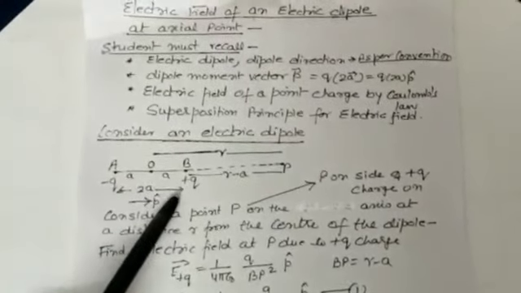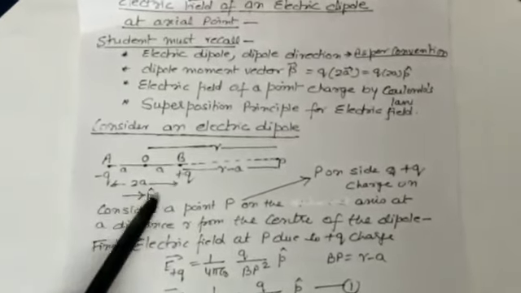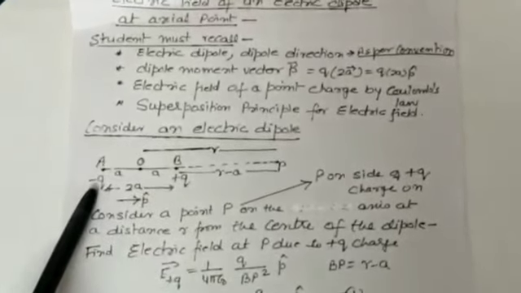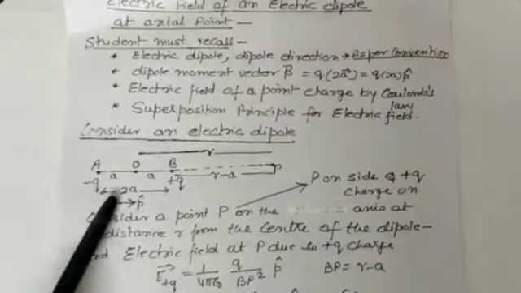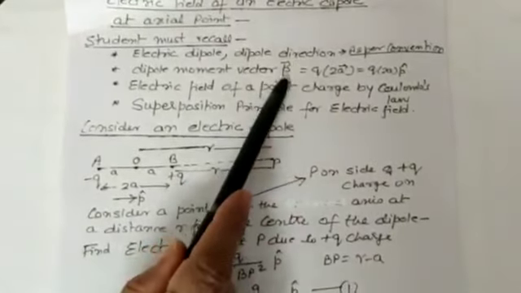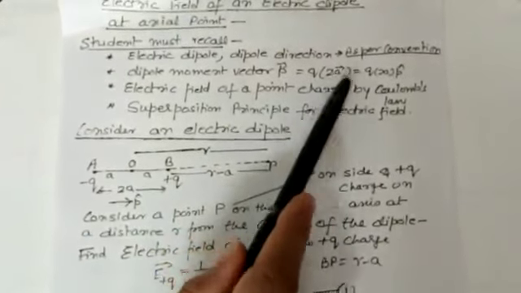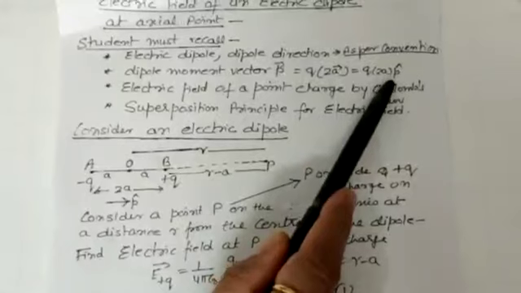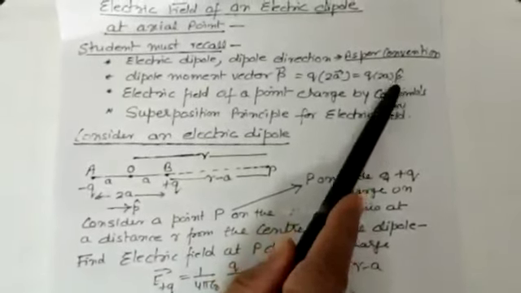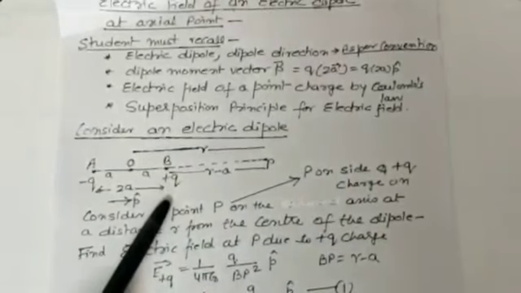As per convention, the direction of the dipole moment vector is taken from minus q to plus q charge. The vector p, the dipole moment vector, is given by q into 2a vector, or q into 2a into p unit vector. Unit vector is always from negative to positive charge.